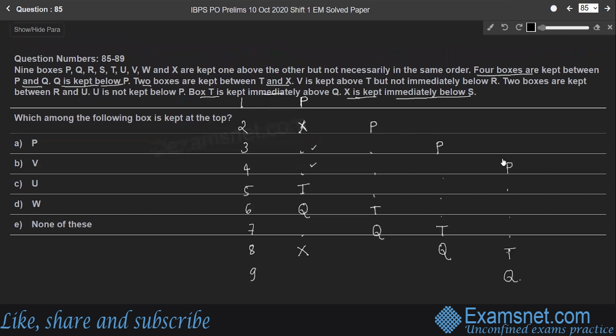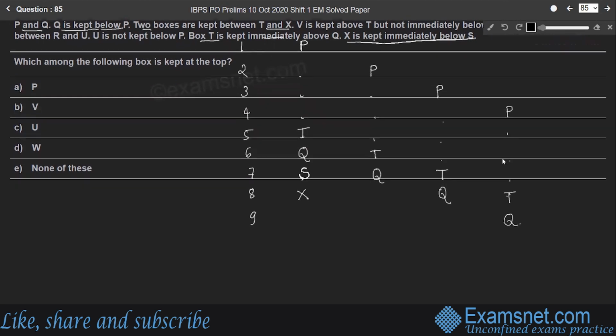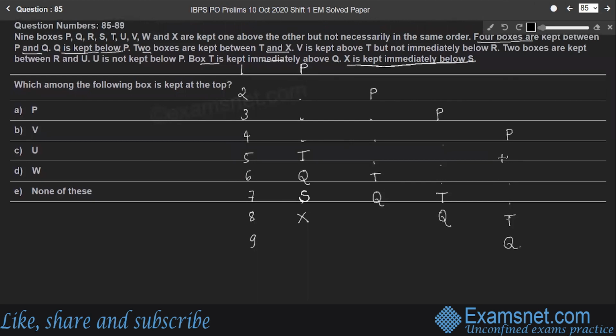Therefore, we just cancel this, right? X is kept immediately below S. Consider this point, immediately below S. Therefore, in case 1, S is the seventh box. Consider case 2, two boxes between T and X. Therefore, X will be the ninth box and S is the eighth box.